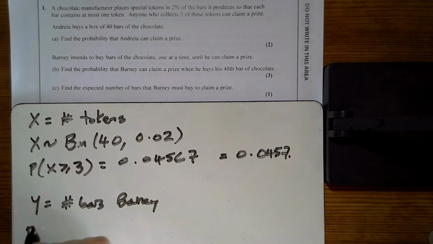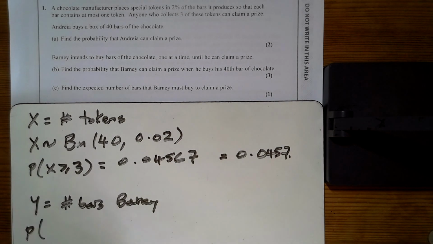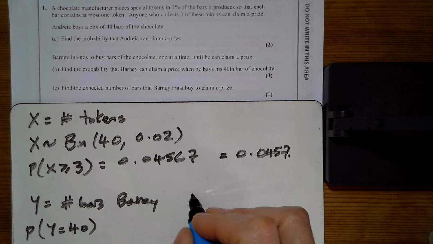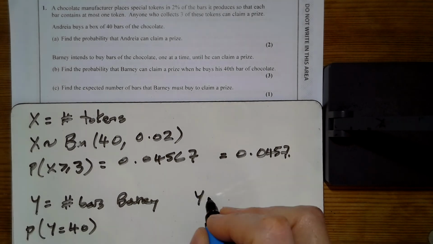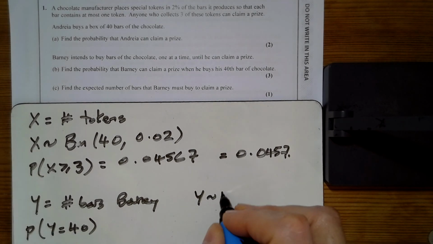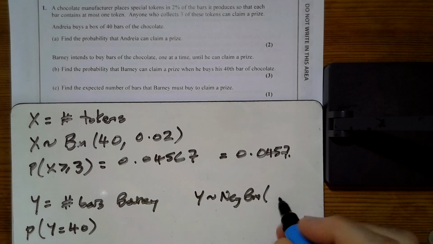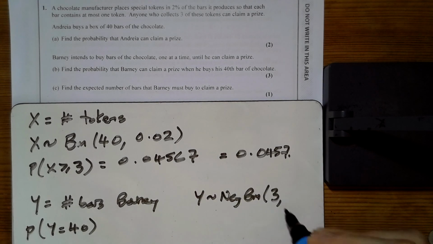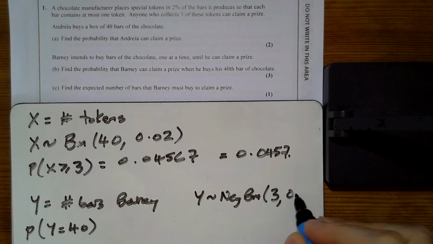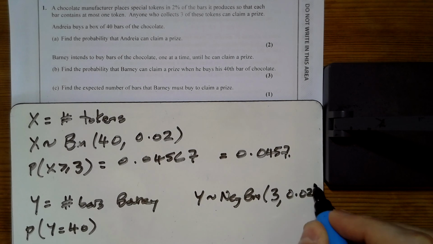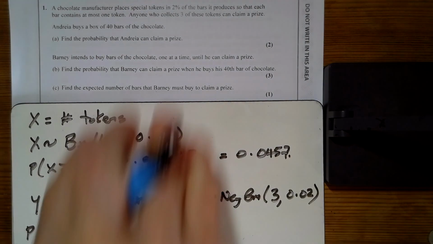So the probability that Barney can claim a prize when he buys his 40th bar, so actually getting it on the 40th bar. So this is a negative binomial this time. So Y is a negative binomial. We're buying until we get the third one we wanted, and 0.02 is the probability of getting it.